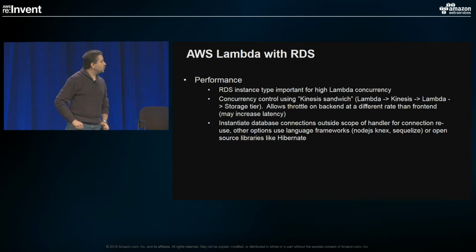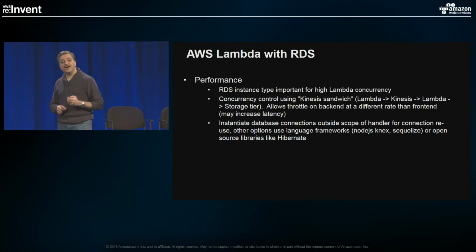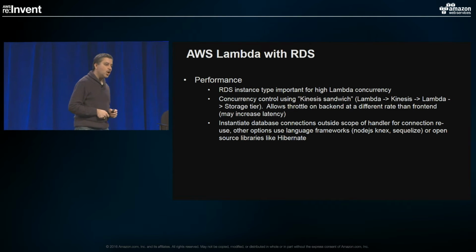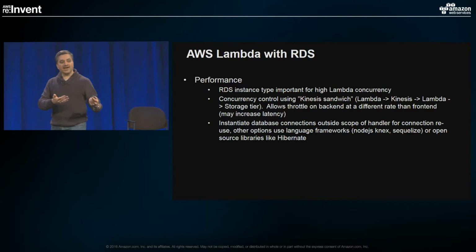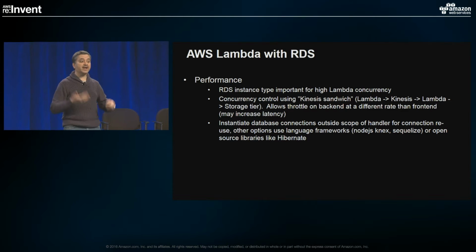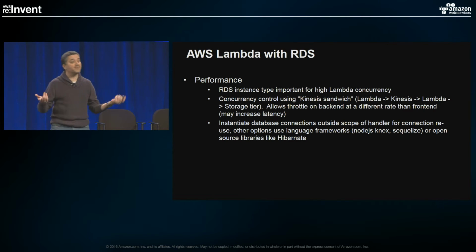From a performance perspective, it is very important to choose the appropriate RDS instance for high concurrency. Unlike DynamoDB or ElastiCache, which are designed to handle scale, RDS at the back end is still a relational database. So you need to make sure that the database can support the appropriate number of concurrent connections that you want to issue from your Lambda function.